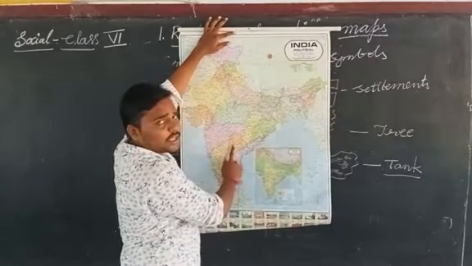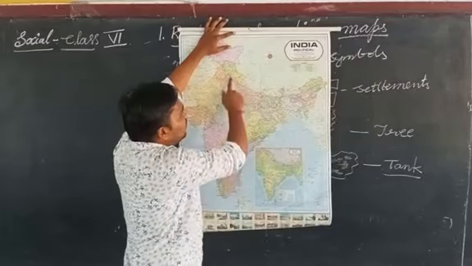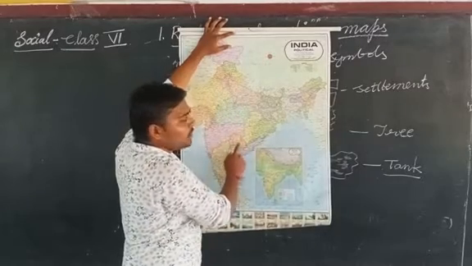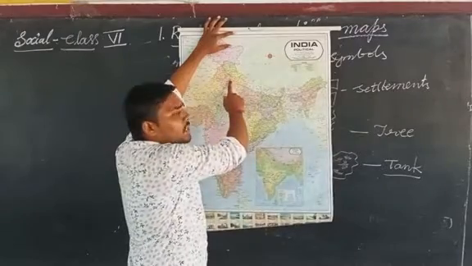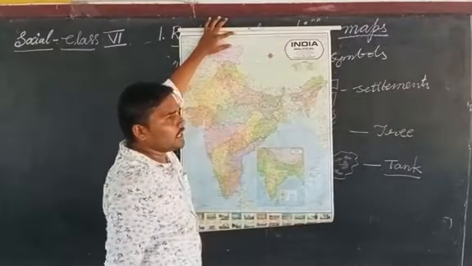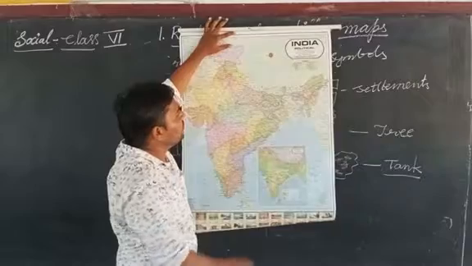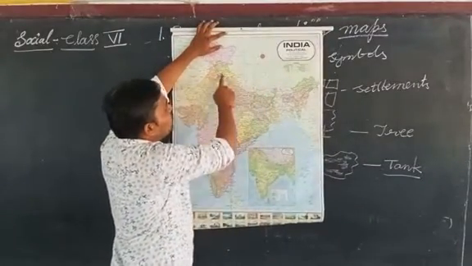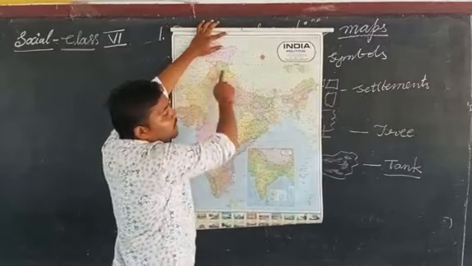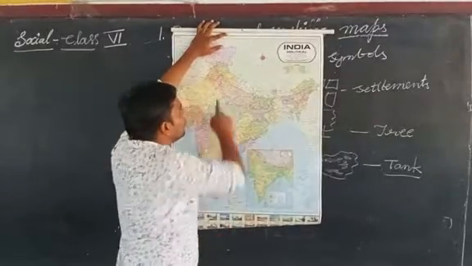Then in which direction should you go? If you are living here in Telangana and want to go to Delhi, in which direction should we go? In the direction of north. Why? Because the top of the map is north.